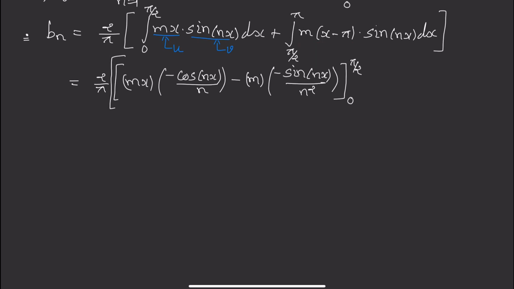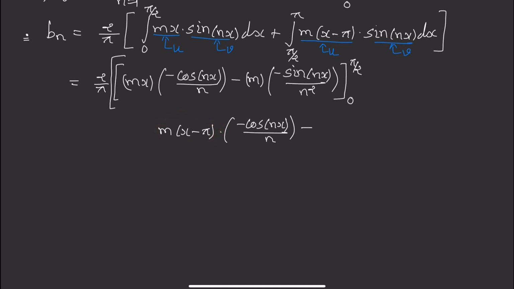So again we do the same thing. Suppose this is our u and this is our v. Then what we do? We simply integrate v, and u remains as it is. So m into x minus pi will remain same. Integration of this quantity, that you know, the integration is minus cos nx upon n, opposite sign, derivative of this bracket.